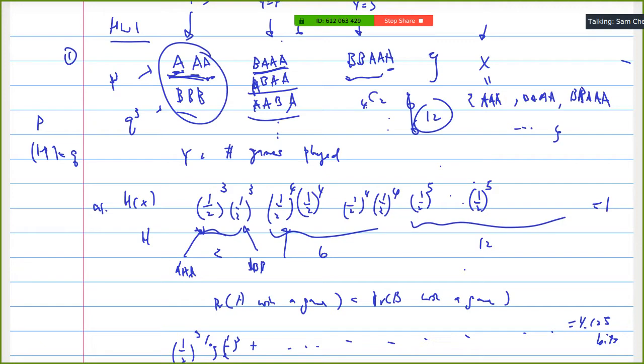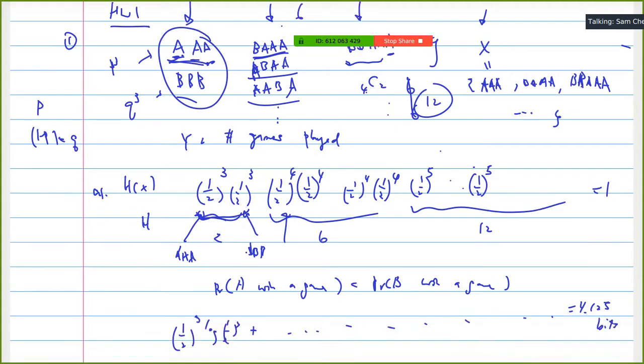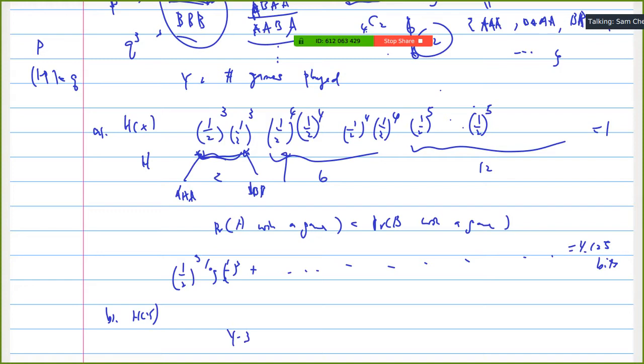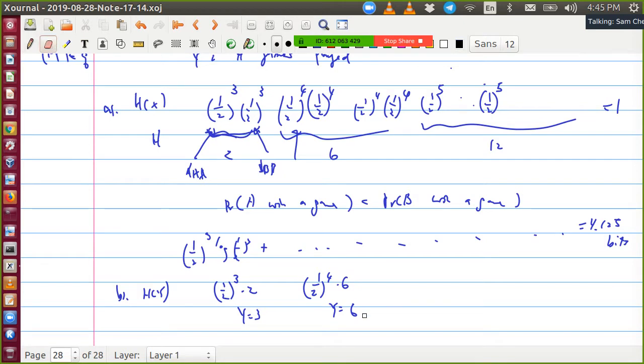So the probability Y equal to 3 will be basically the sum of these two, right? So therefore it's equal to 1/2 third times 2. And then the probability Y equal to 4 is 1/2 to the 4th times 6. Sorry, not 6, I'm sorry. Y equal to 4. And then Y equal to 5, we have probability 1/2 to the 5th times 12.